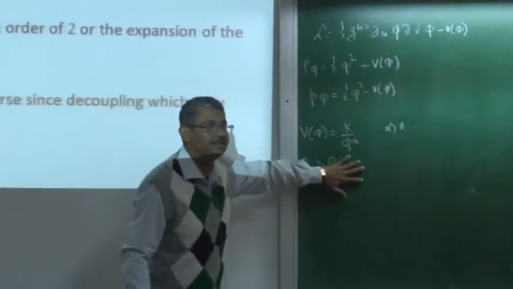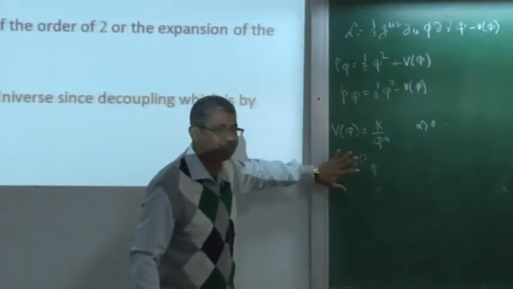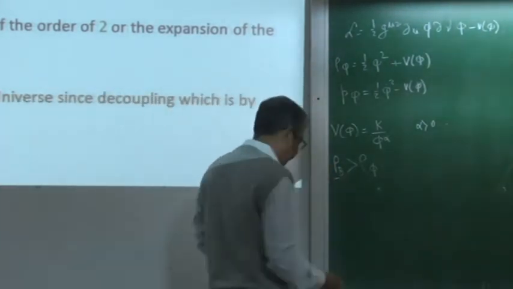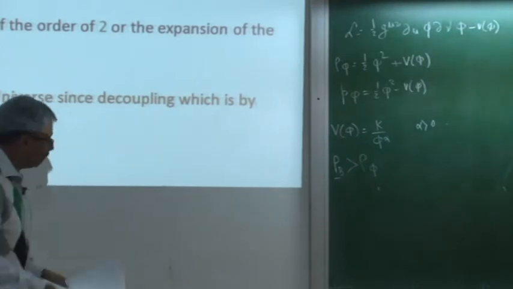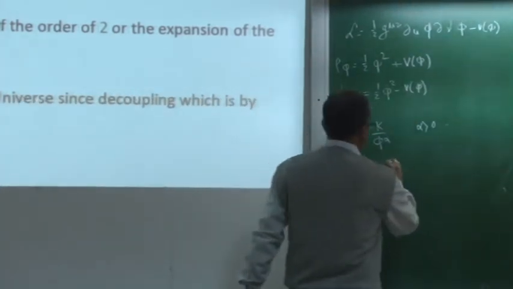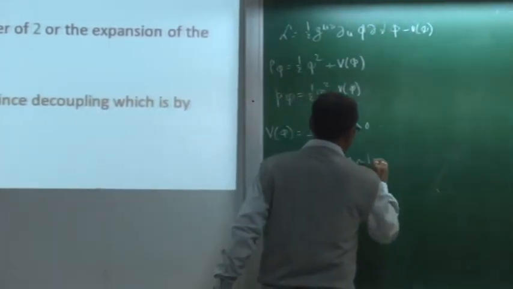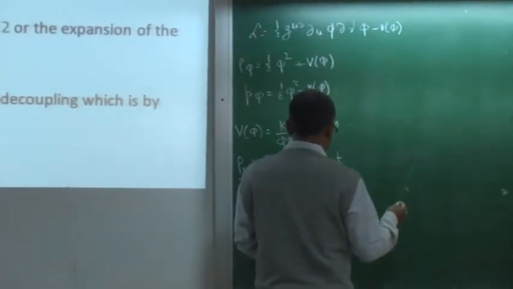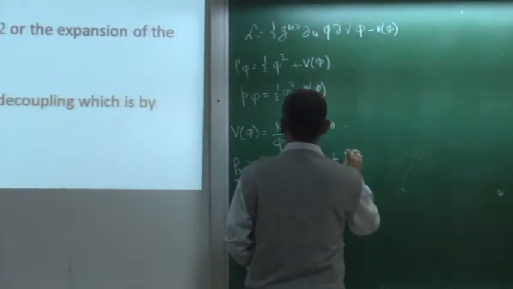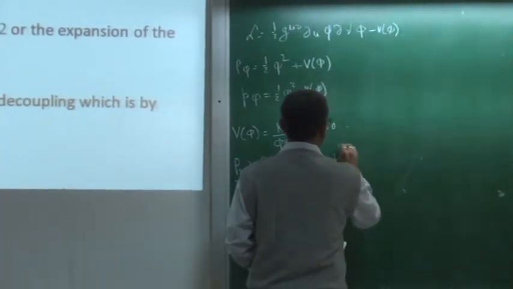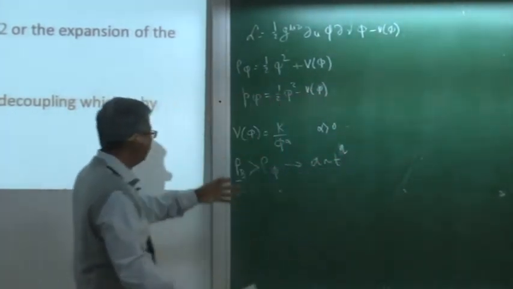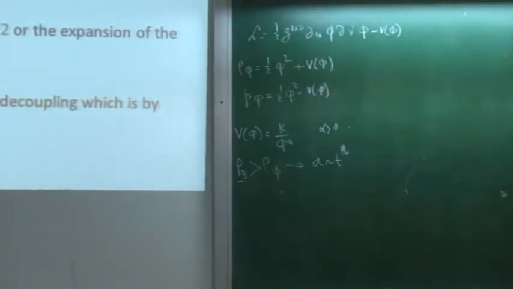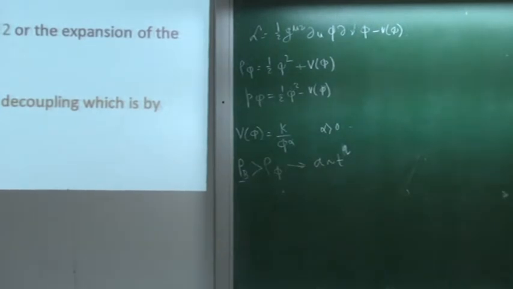The dark energy is subdominant. So I can have the scale factor go as t to the power q, where q depends upon whether you have matter or radiation, whether it is 2/3 or half or whatever.